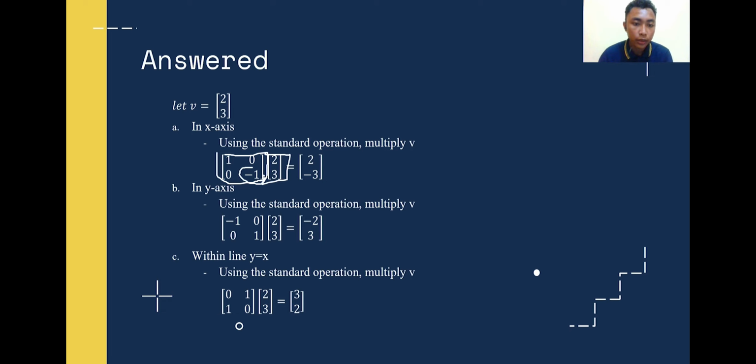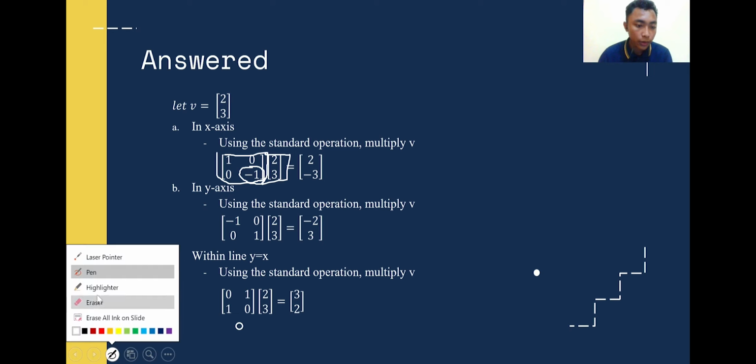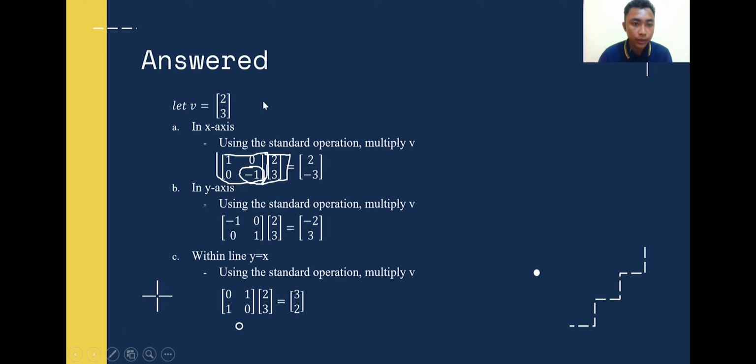Why the minus? This minus 1 is because this is the reflection in the x-axis. If I draw an example, this is the point, and we reflect this point across the x-axis, so the position will change to here.